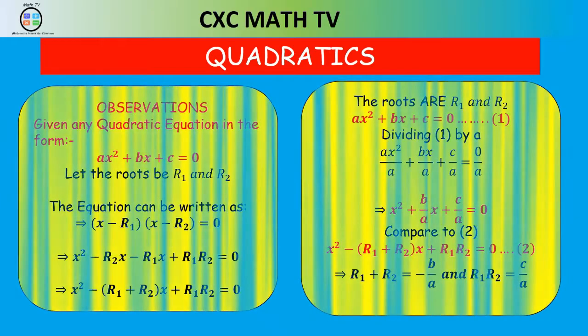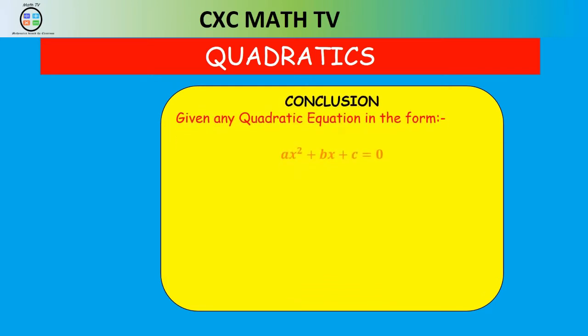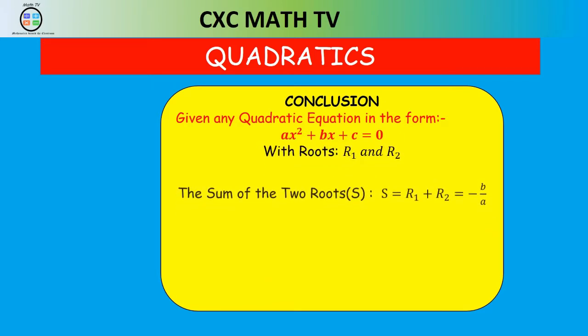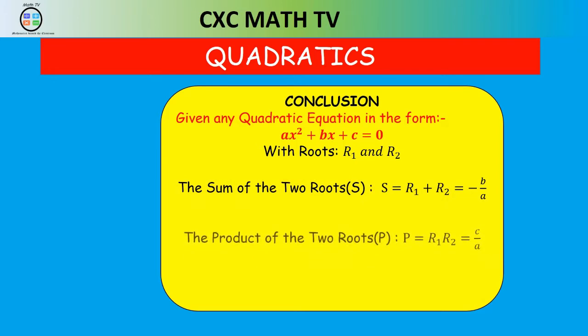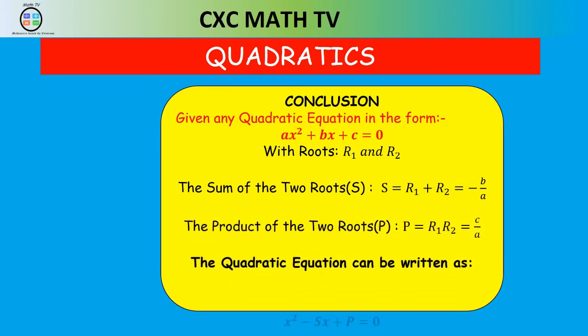So here's our conclusion. Given any quadratic equation in the form ax squared plus bx plus c equal to 0, with the roots being r1 and r2, the sum of the two roots, let's call it S, is given by minus b over a.